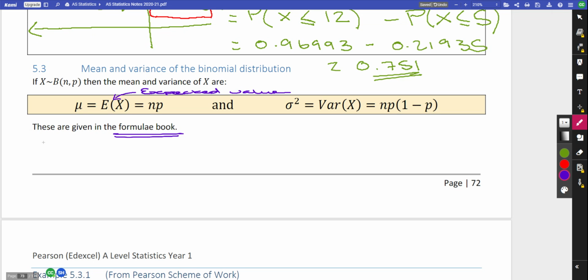If we just have a quick think about what's happening, if I roll a fair dice 36 times, although 60 would also work, it's fine. And I want to know how many times do I expect to get a 4? If we were writing that down as a distribution, x would be the number of 4s rolled.